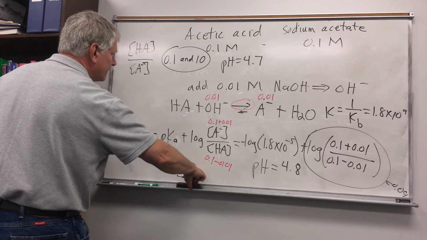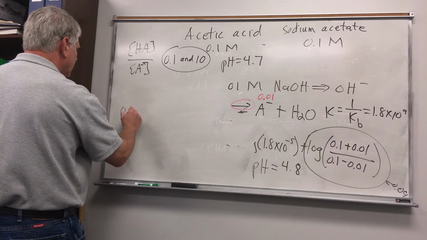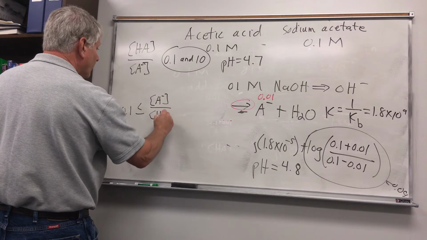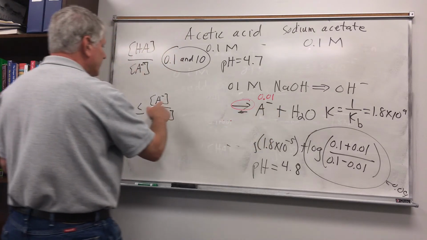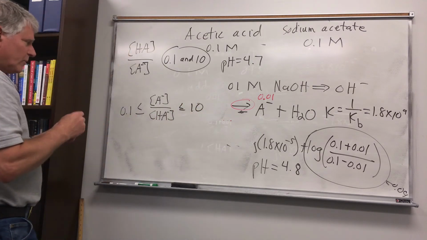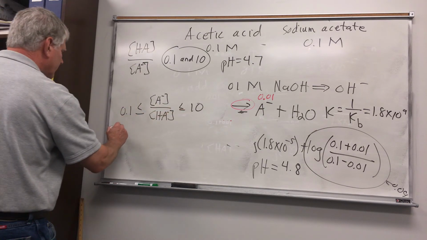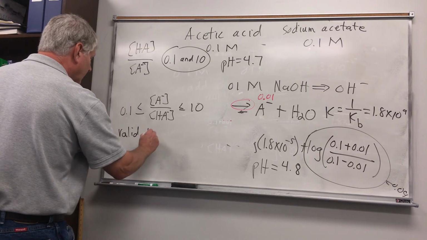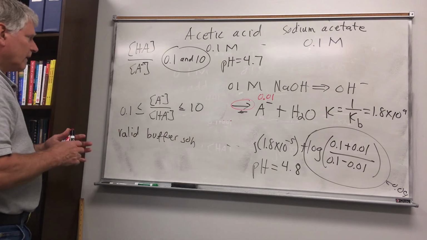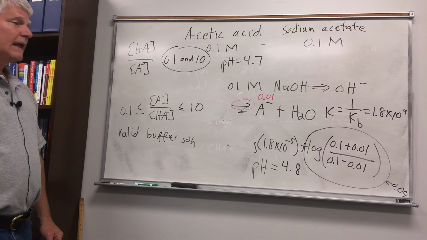So I could write that algebraically, and I'll write it in the form of the Henderson Hasselbalch equation, A minus over HA. So this ratio has to be between 0.1 and 10 in order for us to have a valid buffer solution. Otherwise, we want to have a mixture of the two that's robust enough to mitigate pH changes.